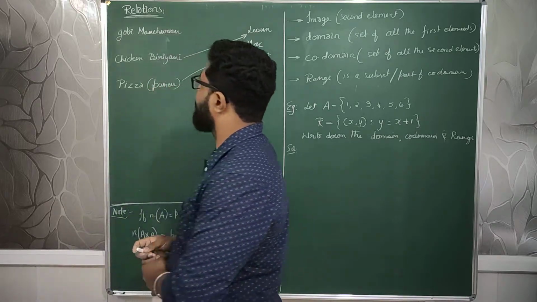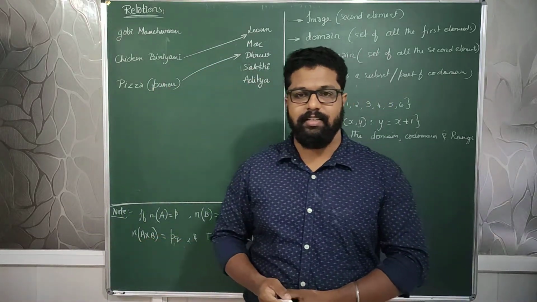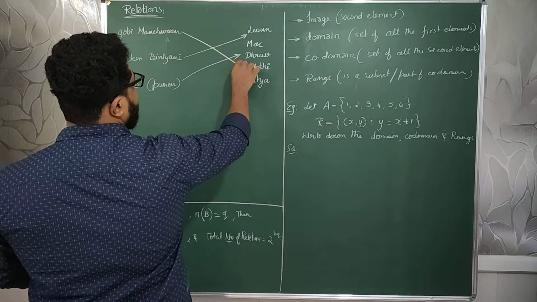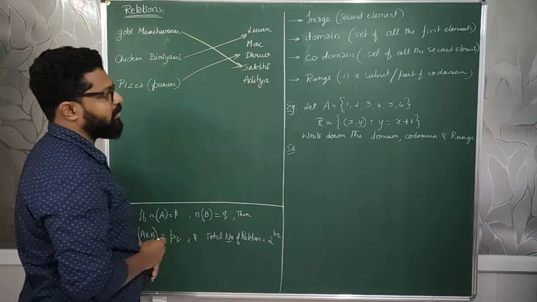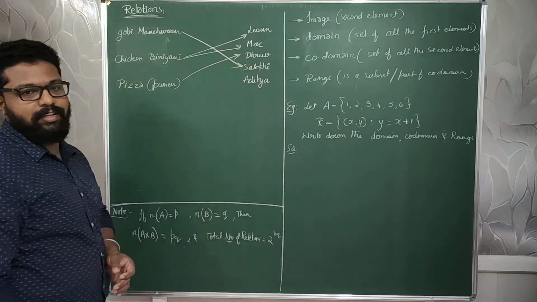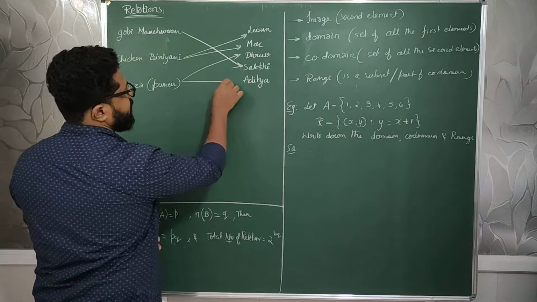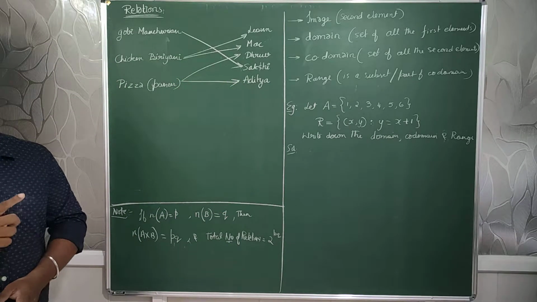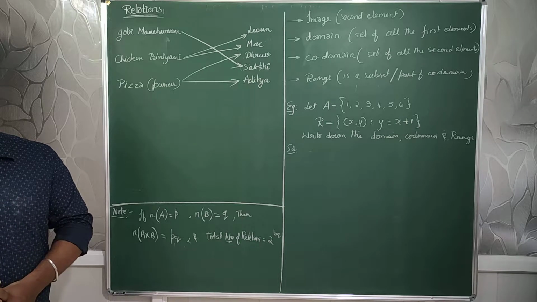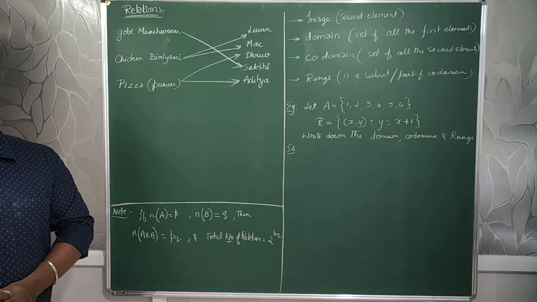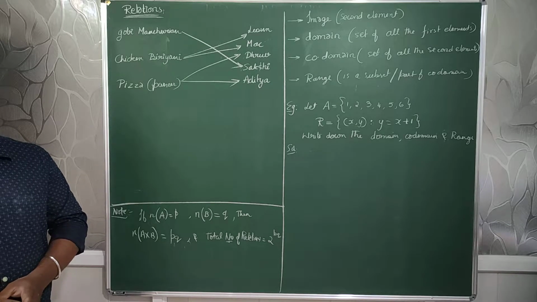Then Sakshi, chicken biryani. Okay, so we roughly have an idea. Do you want something else? Sakshi, you want something else? Drew, do you want anything else? I think you want something else.